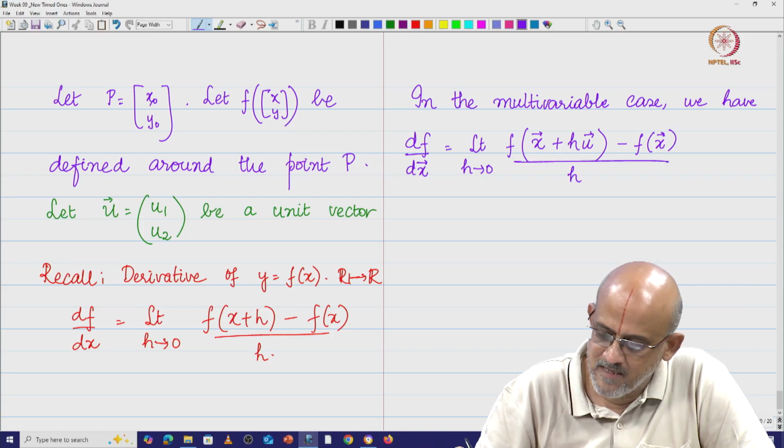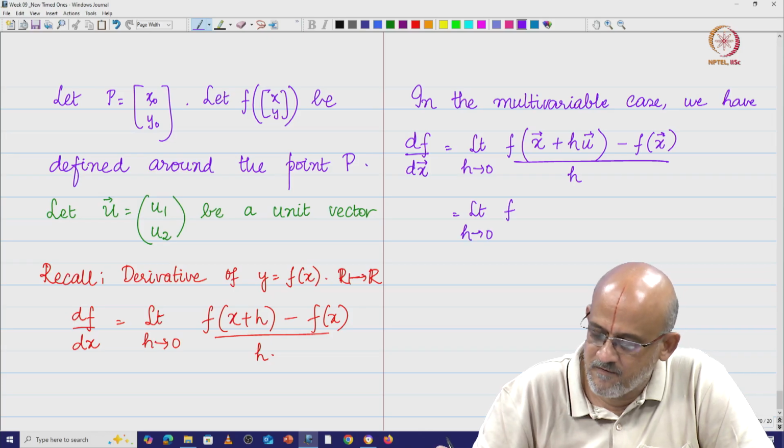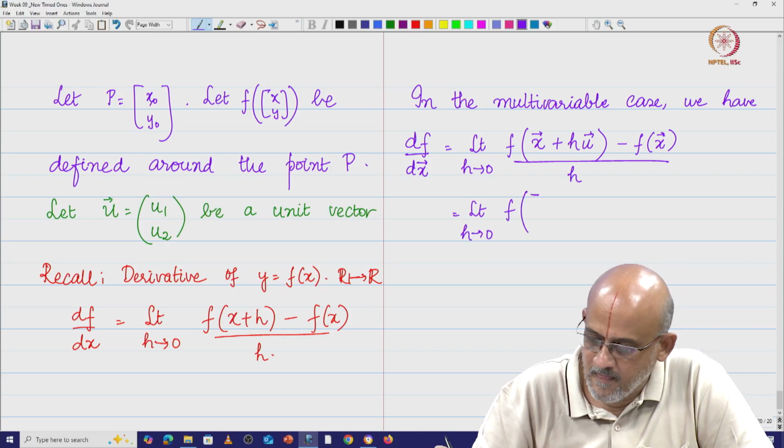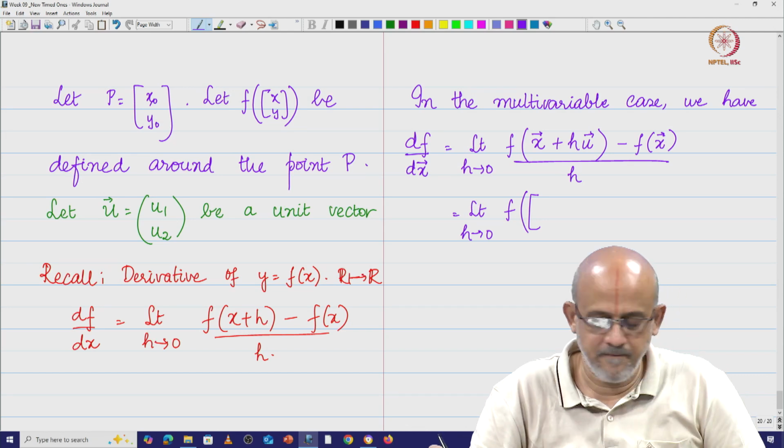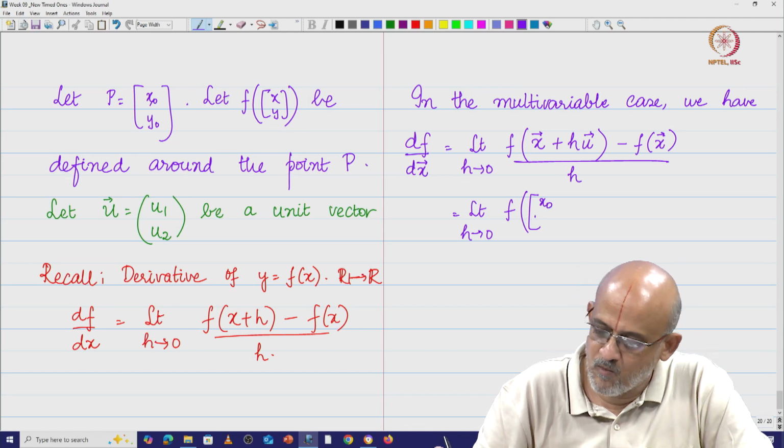So, what does this mean? This simply means it is the following: limit h tending to 0 of f of, let us say, x naught y naught.